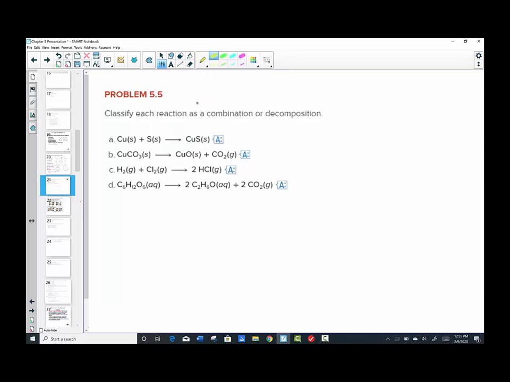In letter A, what I want to see is if the one substance is on the reactant side or if it is on the product side. I can see that the one product on the right-hand side made this a combination pattern, that copper and sulfur combined to make a single product.